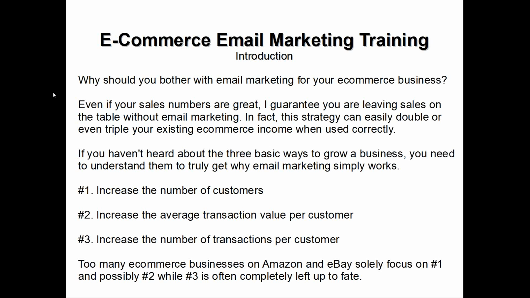Now, there are tons and tons of e-commerce businesses on Amazon and eBay that are solely focusing on number 1 and possibly number 2, even though a lot of times number 2 is being taken care of for them by a company like Amazon, for example.